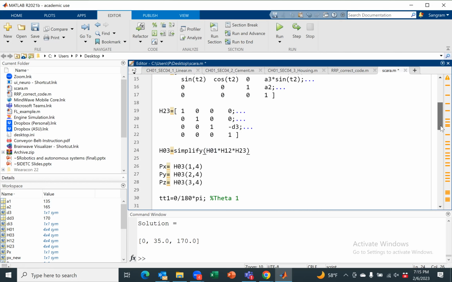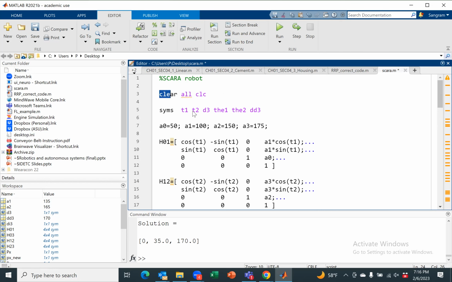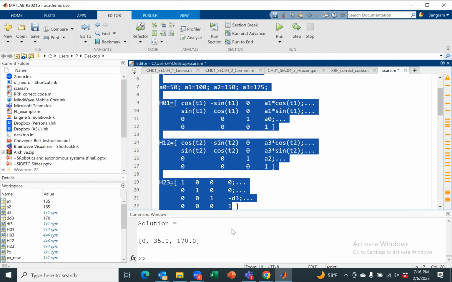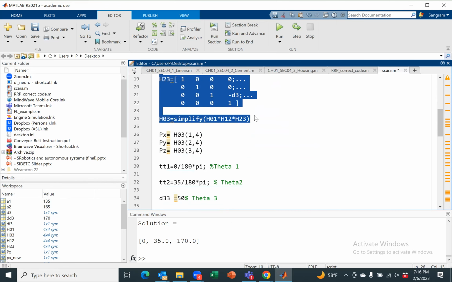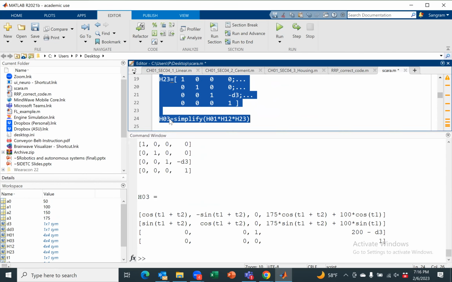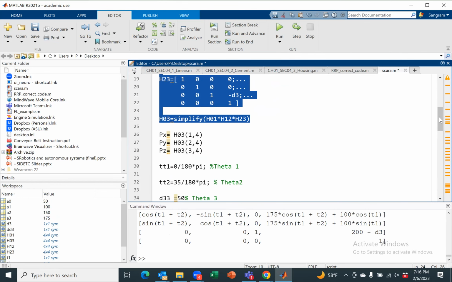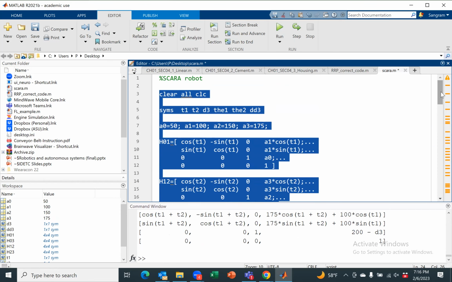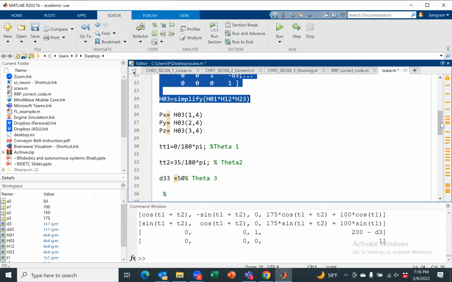So graph from here all the way over here. I gave the values for A0, A1.